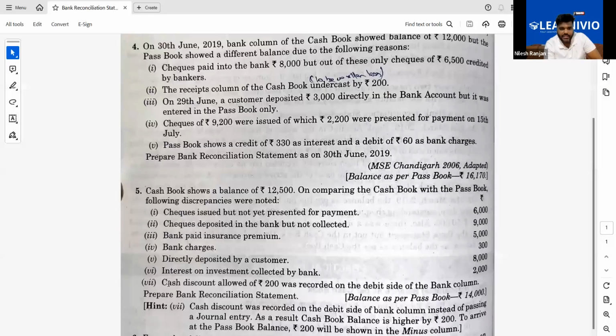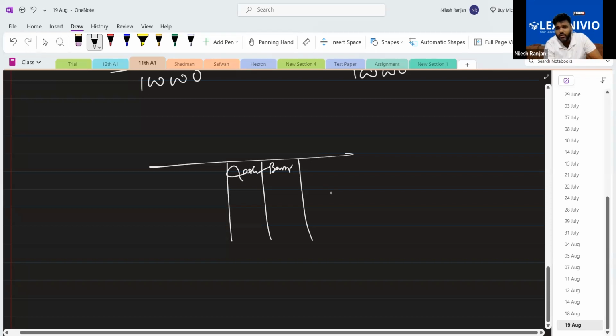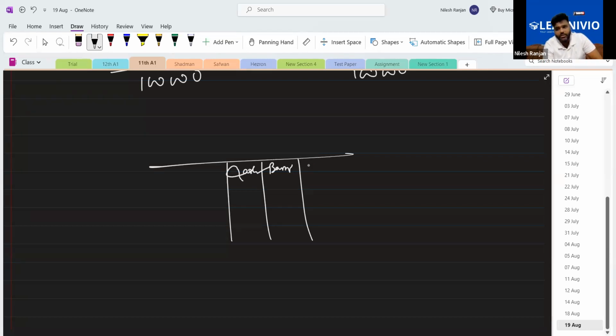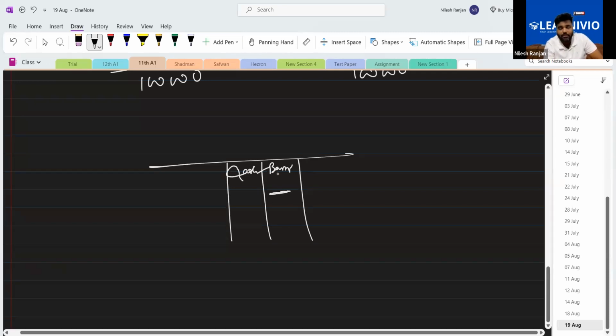Cash discount allowed of rupees 200 was recorded on the debit side of bank column. So for discount, there is a separate column that we prepare. If there is a discount, then we write it in the discount column, but it is written on the debit side here in the bank column.